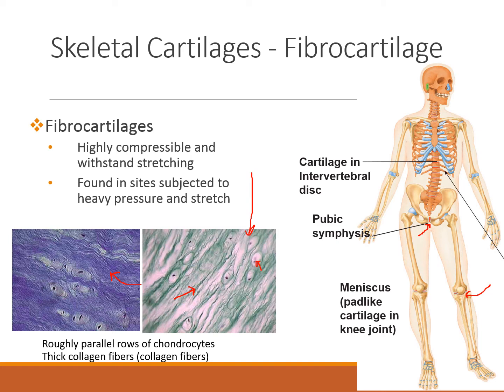You'll also find these cartilages separating the vertebrae in your spine. They form what's called the intervertebral discs that help fit the bones of the vertebra and accept compressive forces whenever there's stress on the spine.